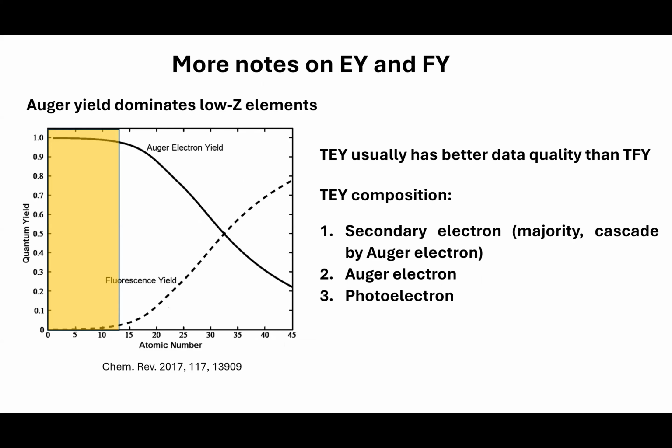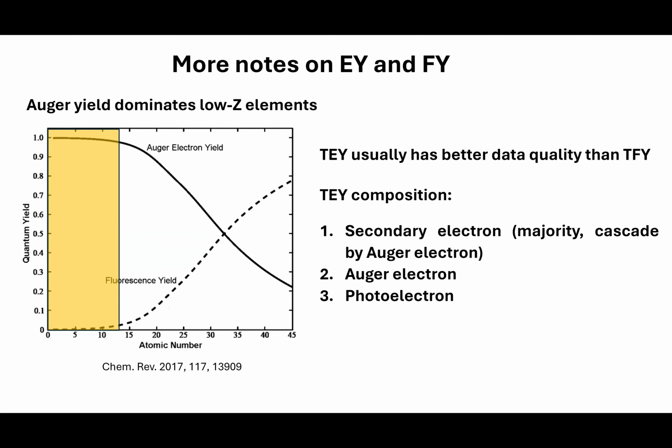More notes on electron yield and fluorescence yield. I think this paper is also very important for us to understand our data. It describes the probability of the decay channels for different elements. As I mentioned, when we introduce a core hole in the absorbing atom, what follows is a decay process.